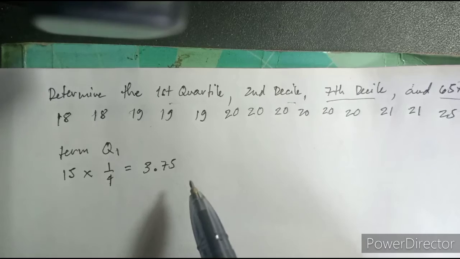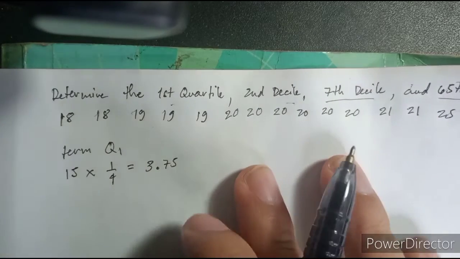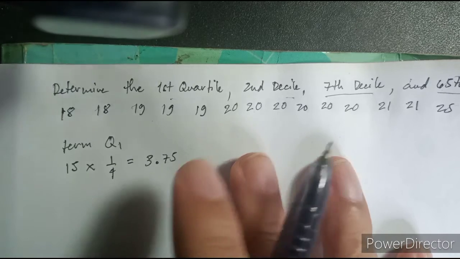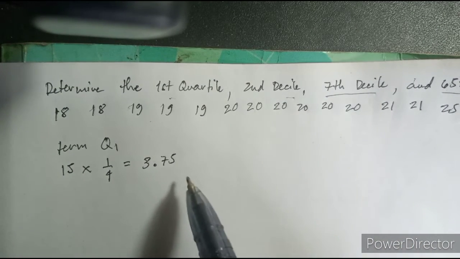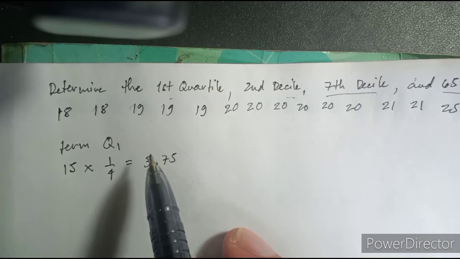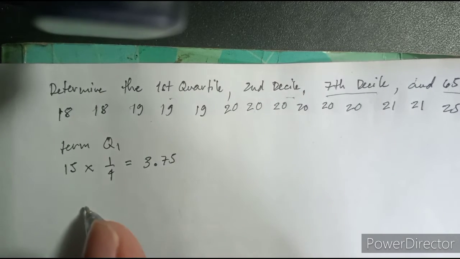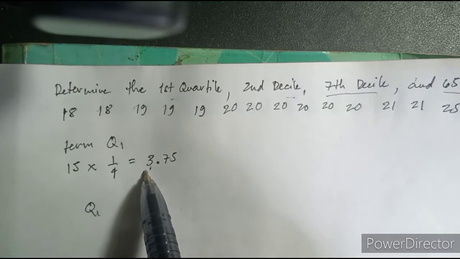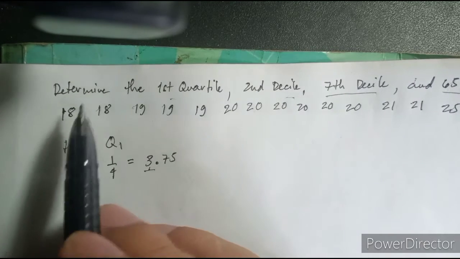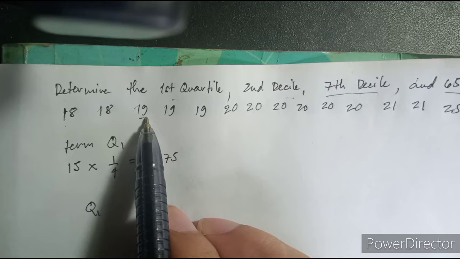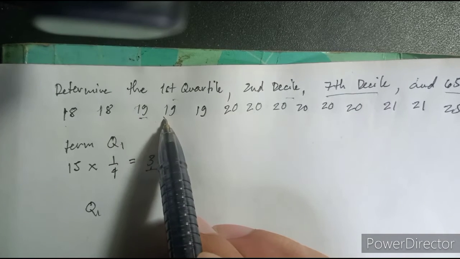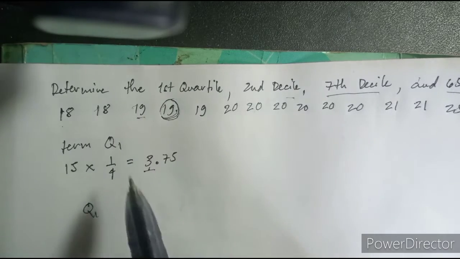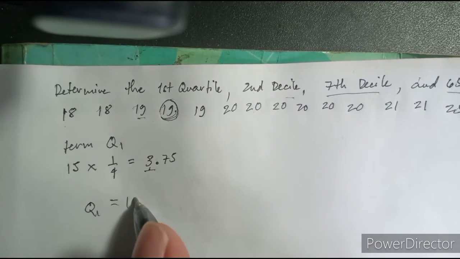We don't have an exact number here, but we have a decimal point, so to determine our first quartile, we count 3 terms, 1, 2, 3, then take the next term. So the first quartile is 19.